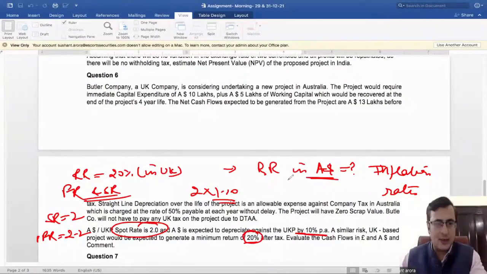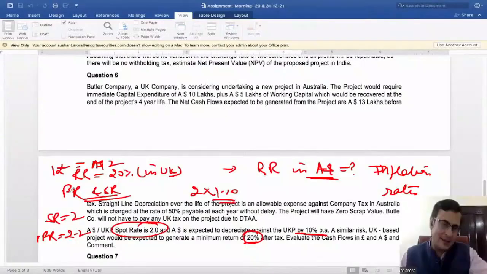Okay. First, tell me, 1 pound equals Australian dollars 2, right? Yes, sir. So if you are calculating for Australian dollars, what should come in the numerator? Which interest rate, Australia or the UK? Think about it.